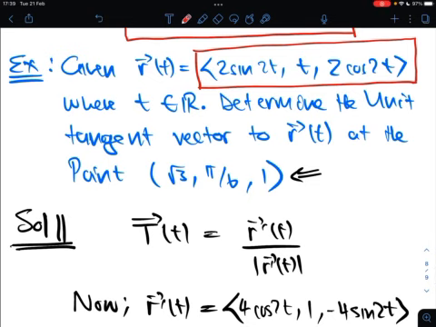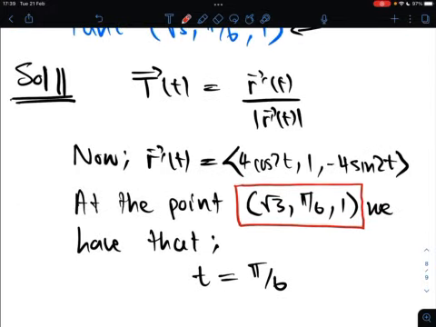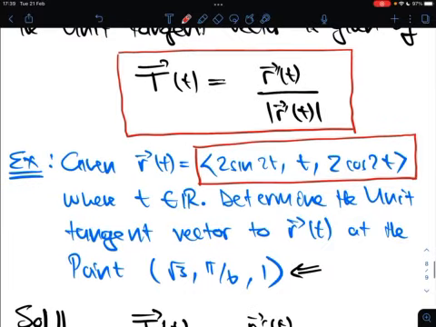So the question now is, for this point, which is here, what was the parameter that was used to obtain it? Because every time you have this thing here and you put in some parameter value, you will always get a vector out. But what exactly is that vector?